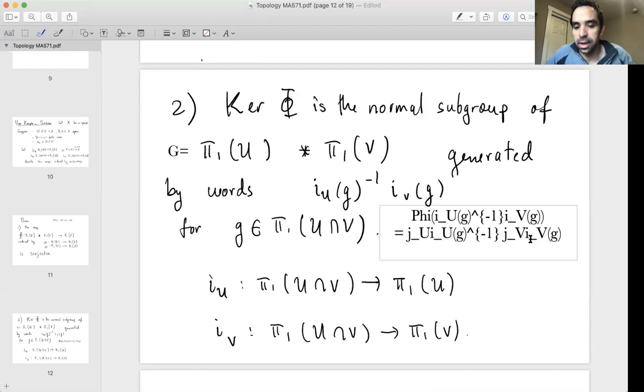Remember, this is what I said earlier in response to a question of Sophia. j_U i_U is the map that first applies i_U from the intersection of U and V to U, and then applies the map induced by the inclusion from U to X, which is j_U. That's the same as the other map if I start with i_V and I follow it with j_V.